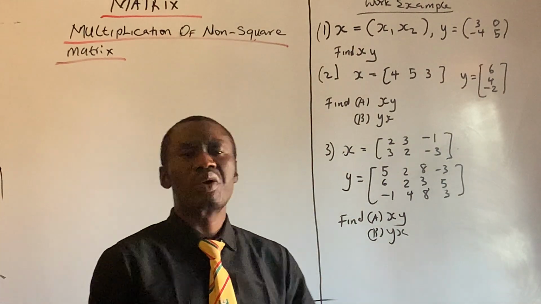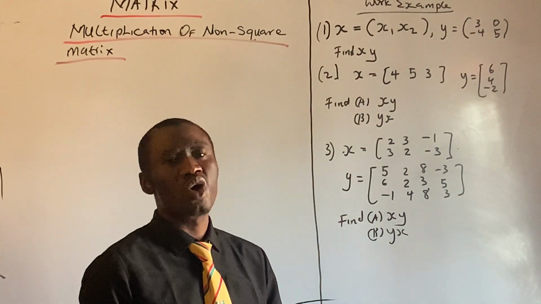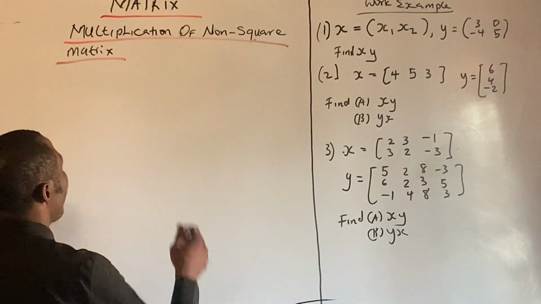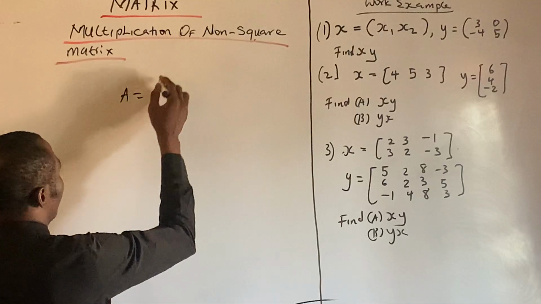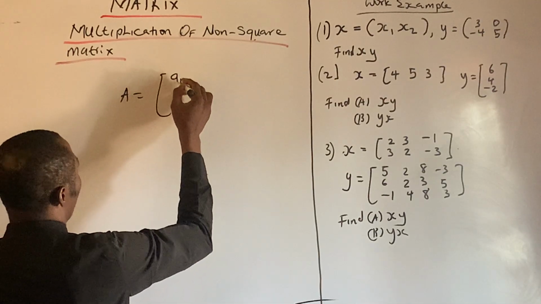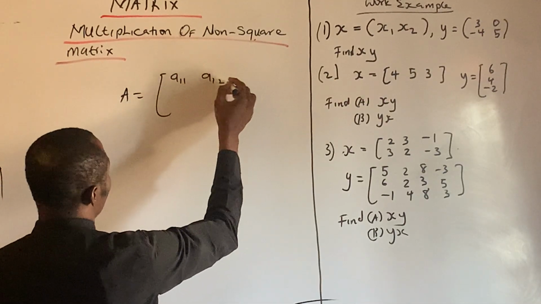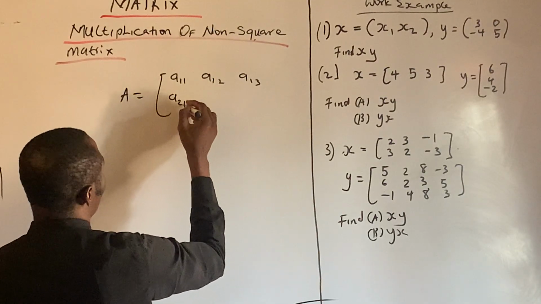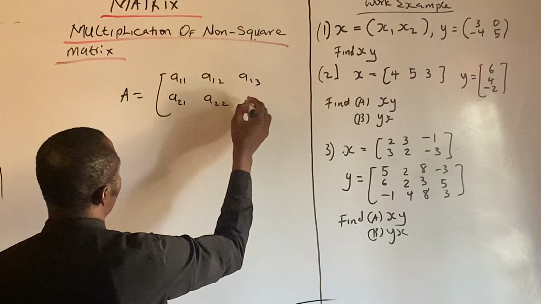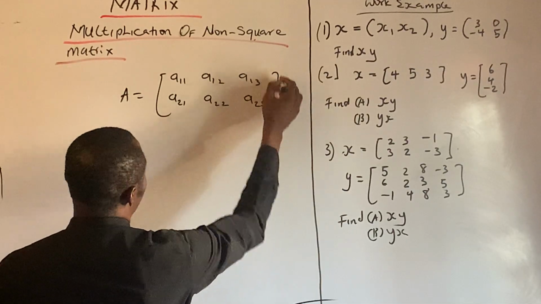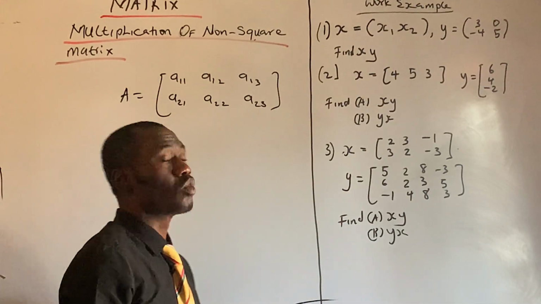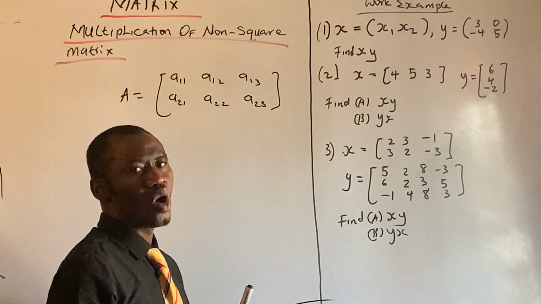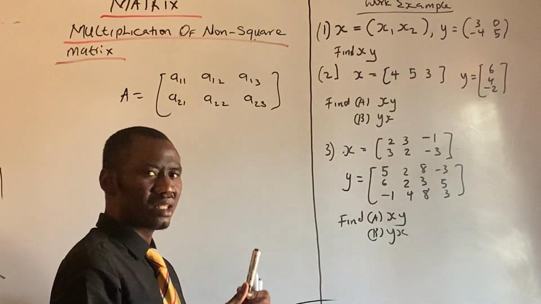In this video, we want to learn how to multiply non-square matrices. Of course, I told you that when you have a matrix A, the entries are A11, A12, A13, A21, A22, A23. Now, this A11, A12, and the rest of those show the position of the elements in the matrix.